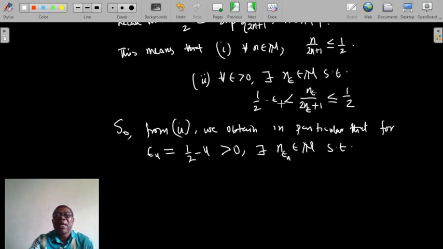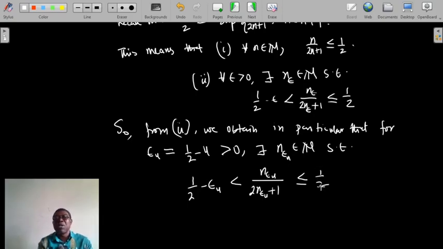So there exists n epsilon u in the set of natural numbers so that half minus epsilon u will be less than n epsilon u all over 2n epsilon u plus 1. And this will be less than or equal to what? Half. This is true.